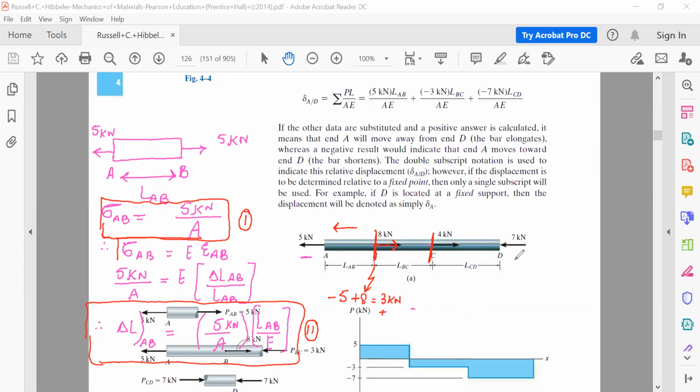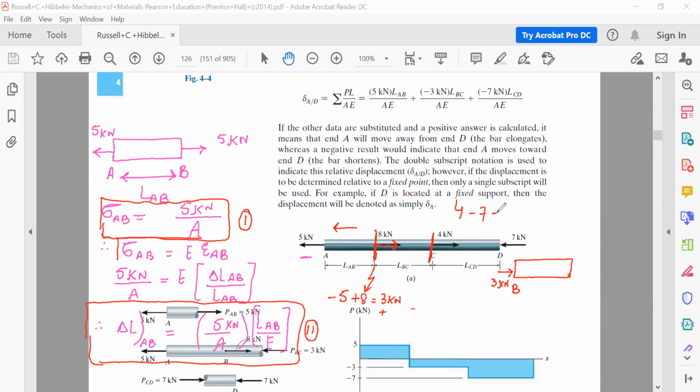So we can write it here for section BC. For section BC at end B, we will be having a load of how many? 3 kilonewton acting. Fine. So this is 3 kilonewton. Now look at end C. At end C, you are having 4 kilonewton. This is positive. 7 kilonewton is negative.